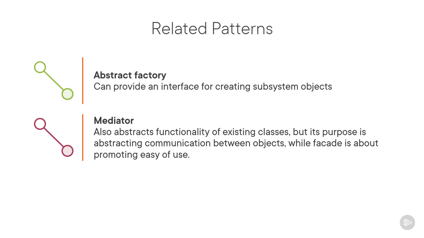Like facade, it abstracts functionality of existing classes, the subsystems in our example. But it's not the same. The purpose of the mediator is abstracting communication between objects, often centralizing functionality that doesn't belong in those objects. Facade, on the other hand, simply abstracts the interface to the subsystem objects to promote ease of use.